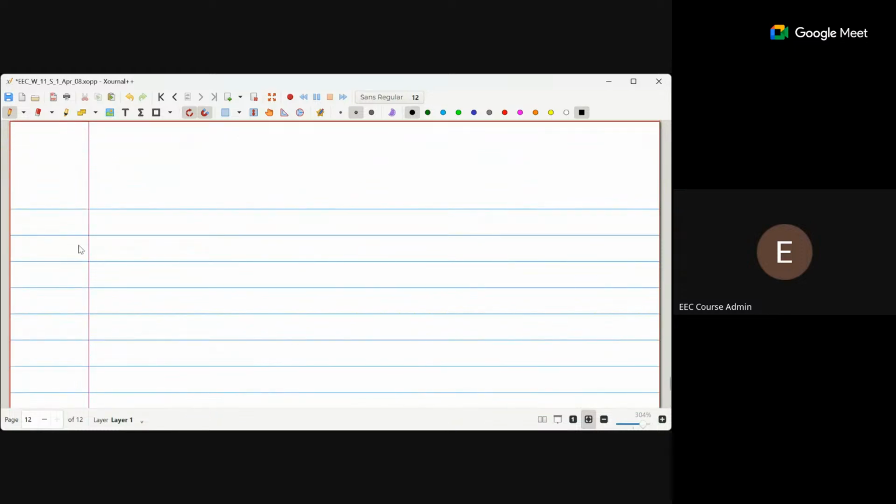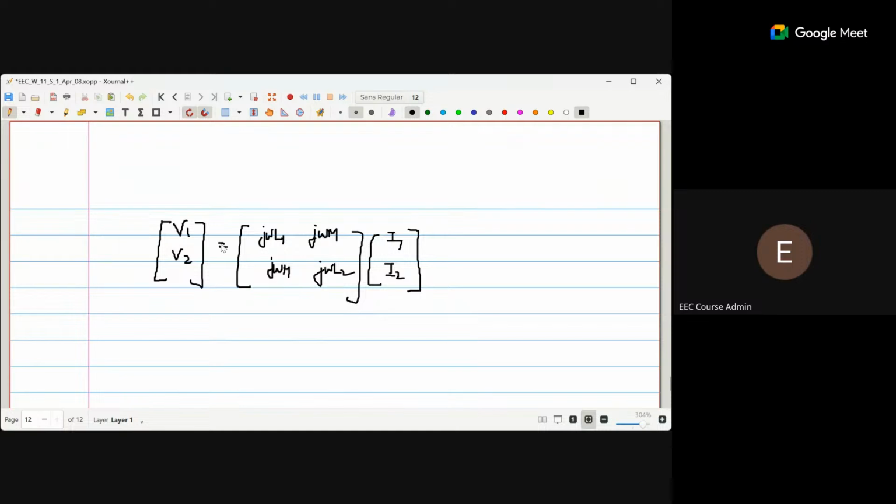So as such, we directly get the set parameters. V1, V2 equal to the matrix j omega L1, j omega M, j omega M, j omega L2, times I1, I2. So this is set 11, set 12, set 21 and set 22.